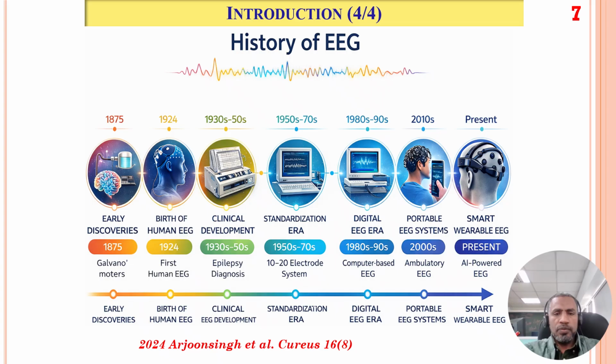When it comes to the history of EEG, the first EEG was introduced in 1975. This type of EEG we call galvanometers. In 1924, the first EEG was the birth of human EEG, and in the 1930s up to the 50s, it was some modification of the previous one.